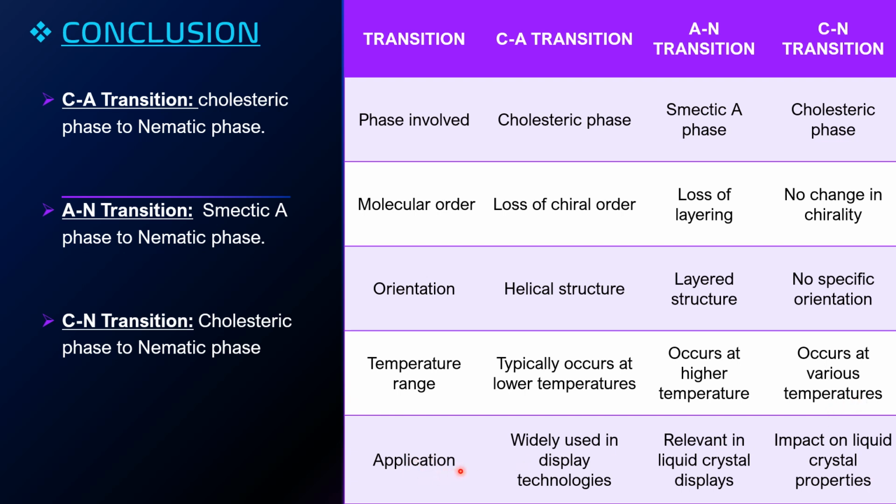Applications of the transitions: the CA transition is widely used in display technologies, the AN transition is relevant in liquid crystal displays, and for the CN transition, its impact is on liquid crystal properties.